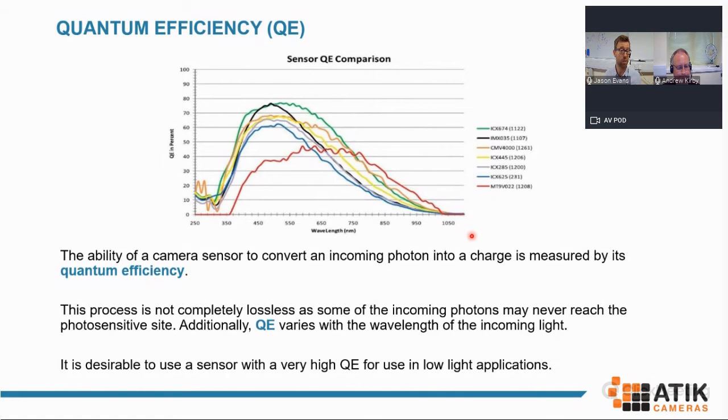So it highlights not only the importance of understanding what you want to achieve or what you're trying to detect, but also the variances from sensor to sensor. Just because you're utilizing one camera, that camera might be able to utilize a variety of sensors, so it's understanding which one of those might be the best option for your particular application.